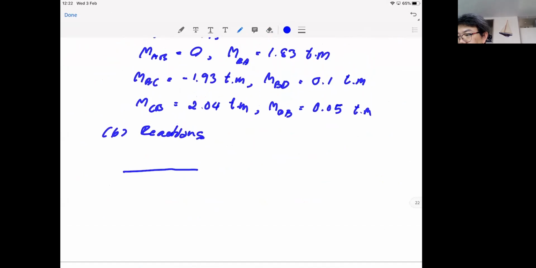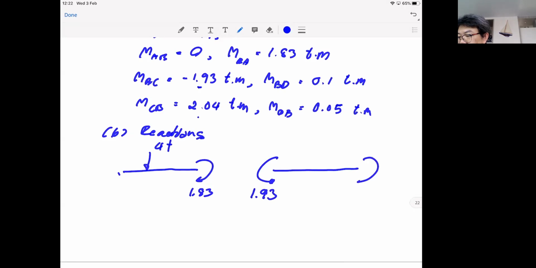So your MBA is positive, so that's clockwise of 1.83, and then you have the point load here, 4 tons. Remember that MAB is 0, and the second piece, that's BC, I suppose.